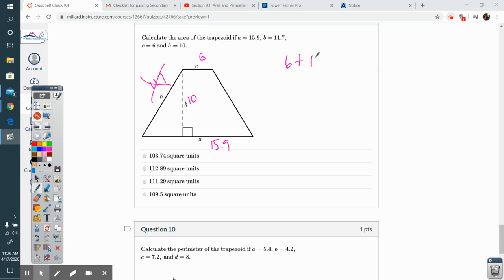Add 6 plus 15.9, divide by 2, and multiply it by your height. So this becomes 5. You can just say 6 plus 15.9, enter, and then multiply that by 5, and it gives you 109.5 square units. That's how you calculate.